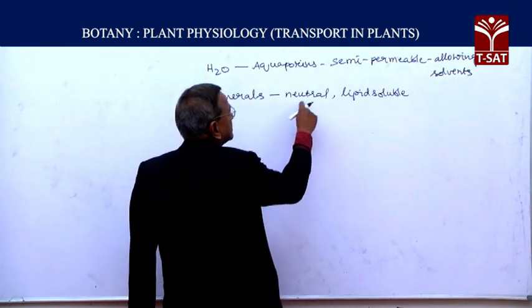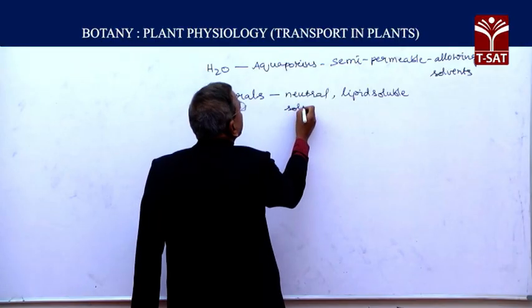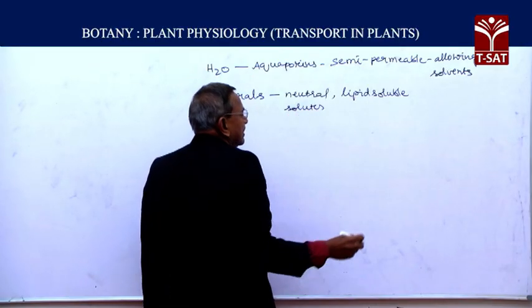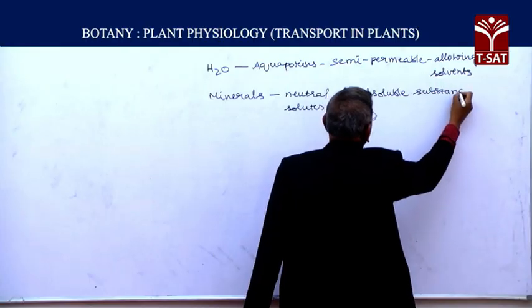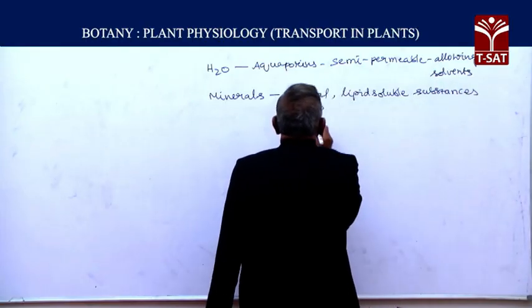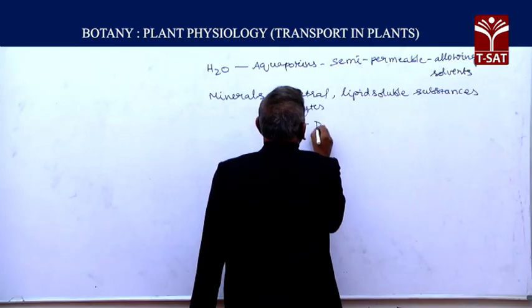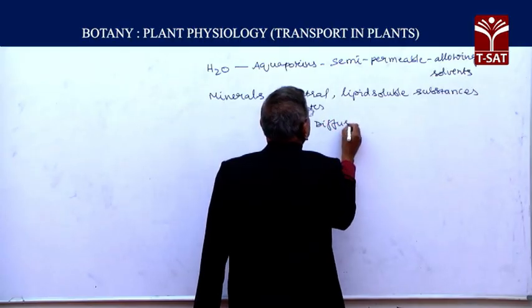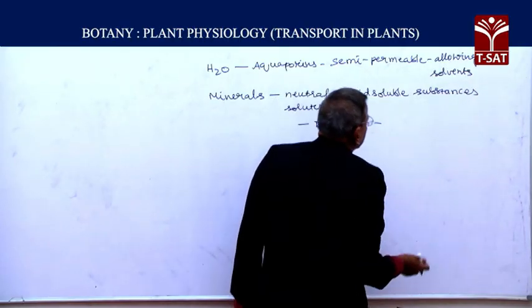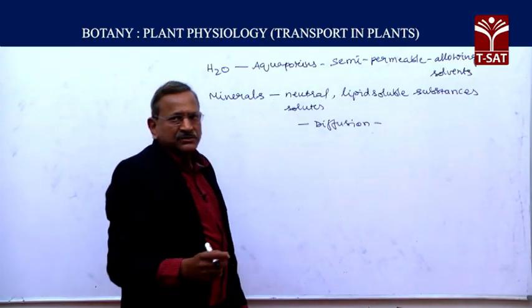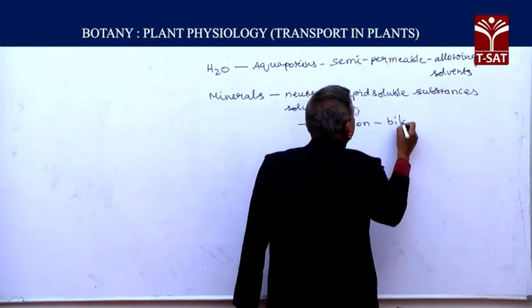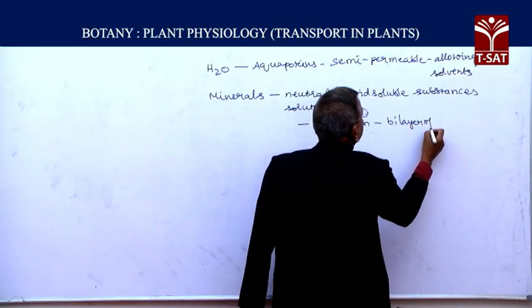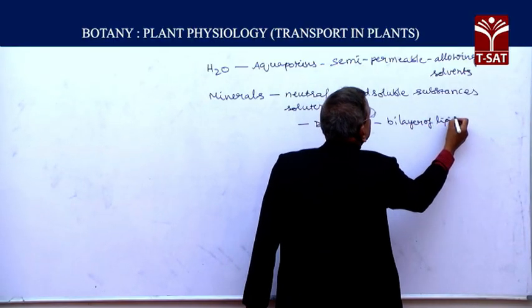For neutral solutes and lipid soluble substances, the means of transport is diffusion, or simple diffusion. Which part of the membrane, in the case of the plasma membrane, is involved in this process? The bilayer of lipids is involved here.